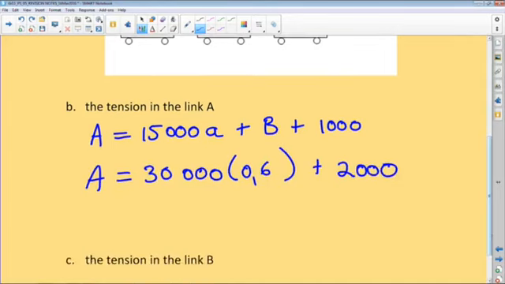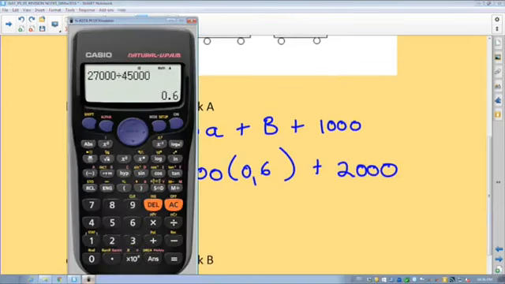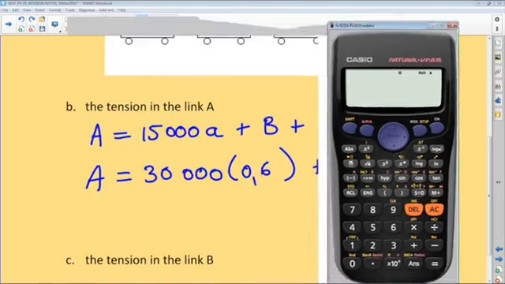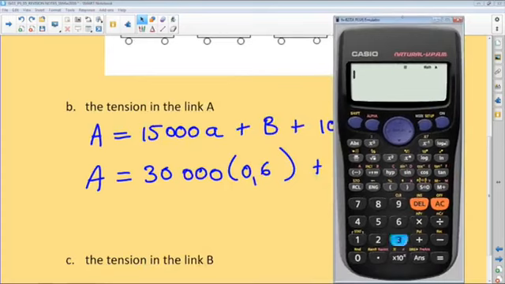So now again, I need to find my calculator, and let's just move the calculator over here. I'm going to go 30,000, yep, that's the right number of zeros, times 0.6 equals 18,000.